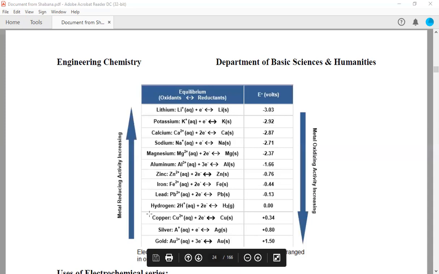See, the upward arrow means the metal reducing activity is increased, and the down arrow indicates the metal oxidizing activity is increased. That means this one acts as the element with the highest reducing power, and this one has the highest oxidizing power.